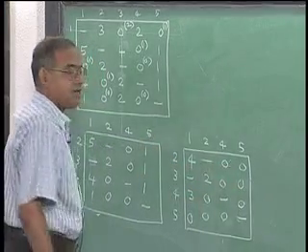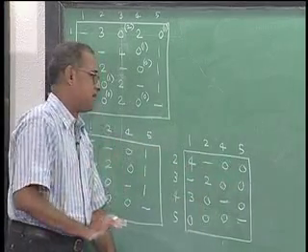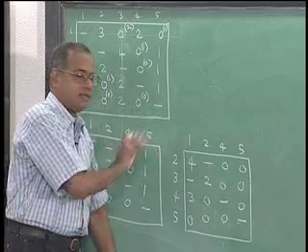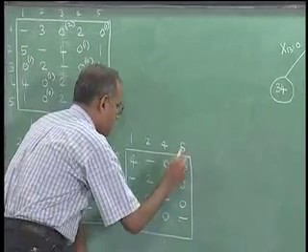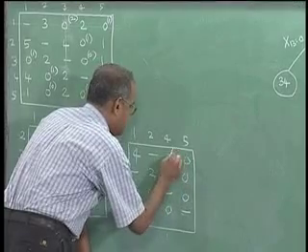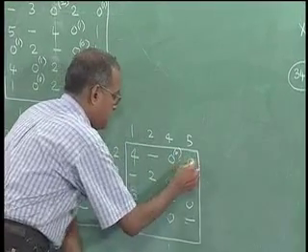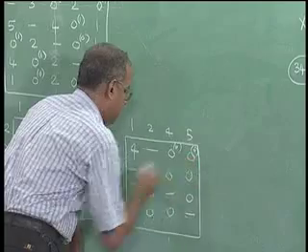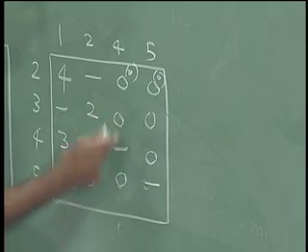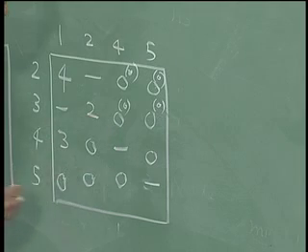Now, again we find the row penalty and column penalty for every 0 in this matrix. So, for this 0 it is 0 plus 0 which is 0, for this 0 it is 0 plus 0, for this 0 it is 0 plus 0, for this also it is 0.